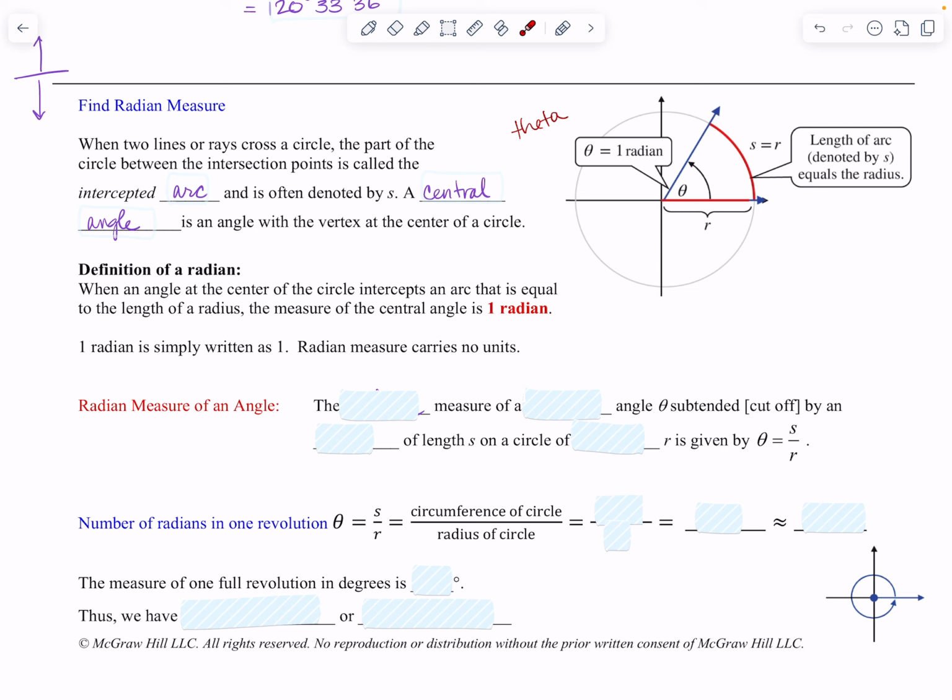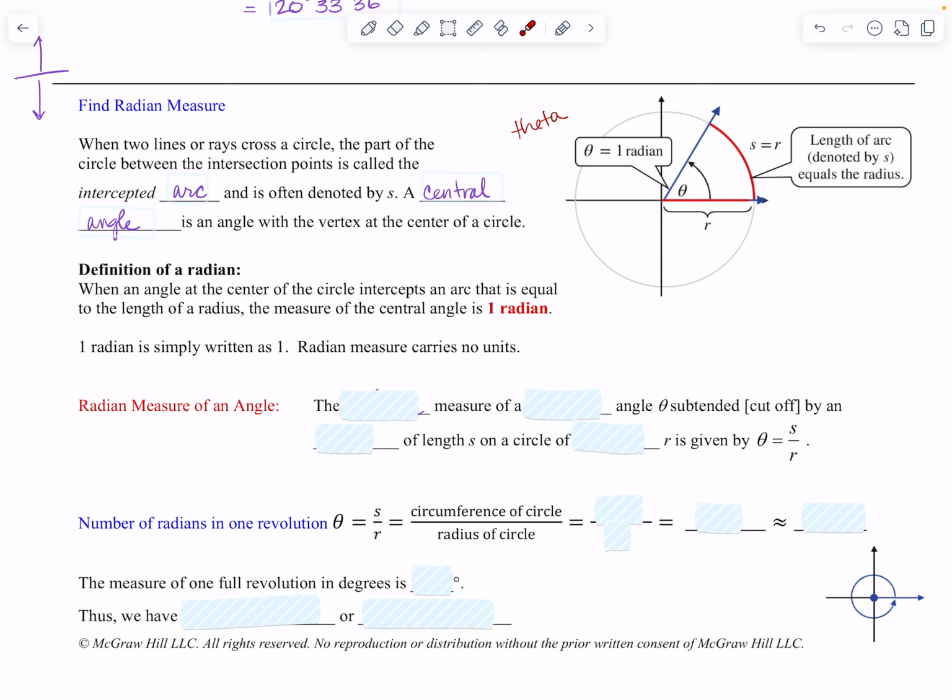When an angle at the center of the circle, okay, so here's my central angle here, when that angle intercepts an arc, so my angle is cutting off an arc, and that arc is equal to the length of my radius, we've already mentioned that, then the measure of the central angle, so the measure of this theta, is equal to 1 radian. Now, when we write radians, we do not have a symbol for them like we do with degrees. So the absence of a degree symbol automatically tells me it's a radian measure.